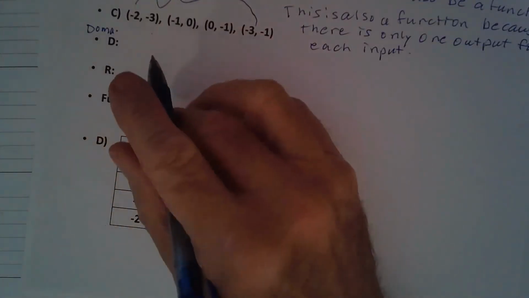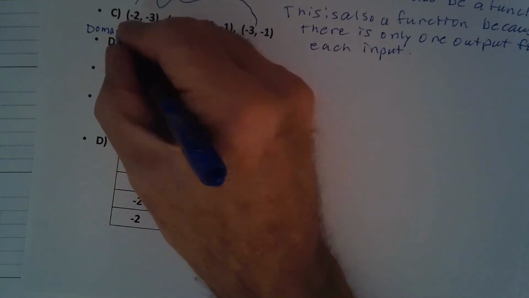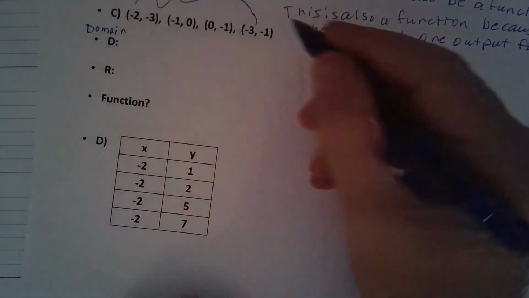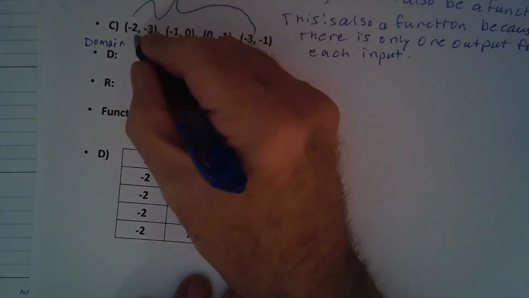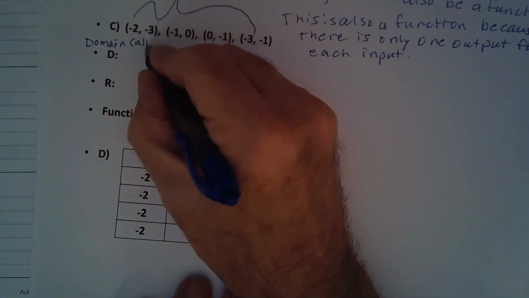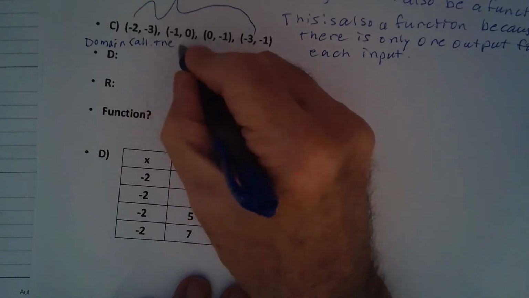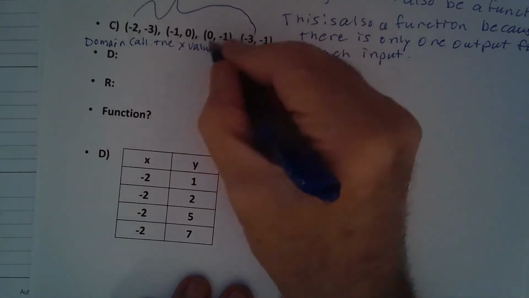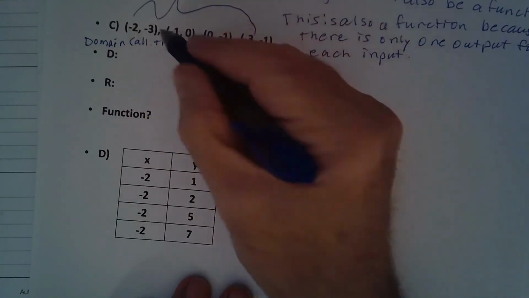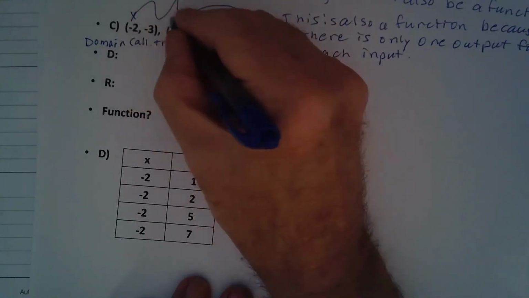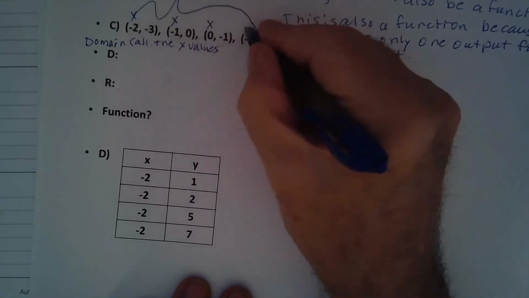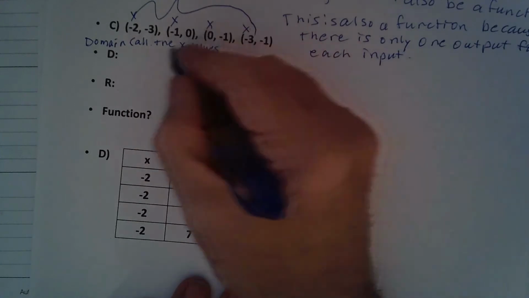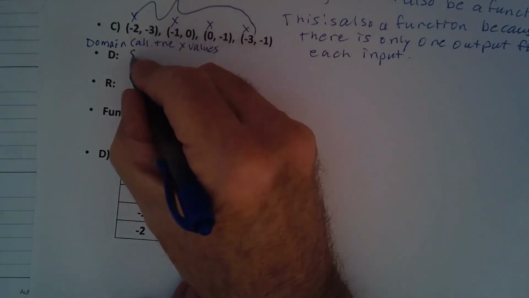And I can never remember how to spell domain, D-O-M-A-I-N. So the domain, or D, is going to be all the X values in the set. So all the X values in the above set. So this is X, this is X, this is X, this is X.